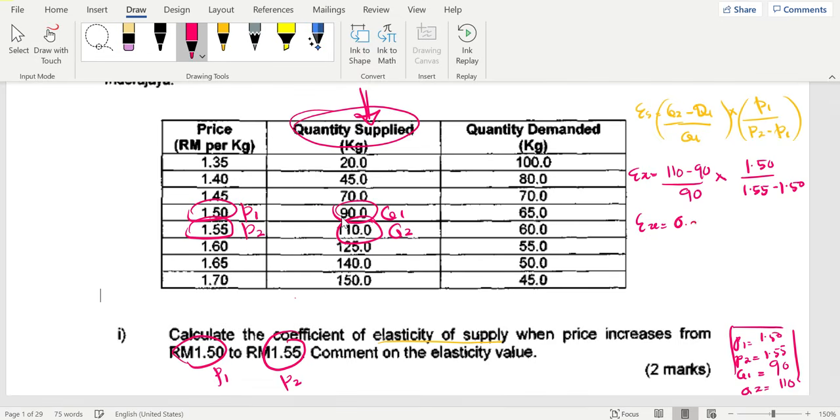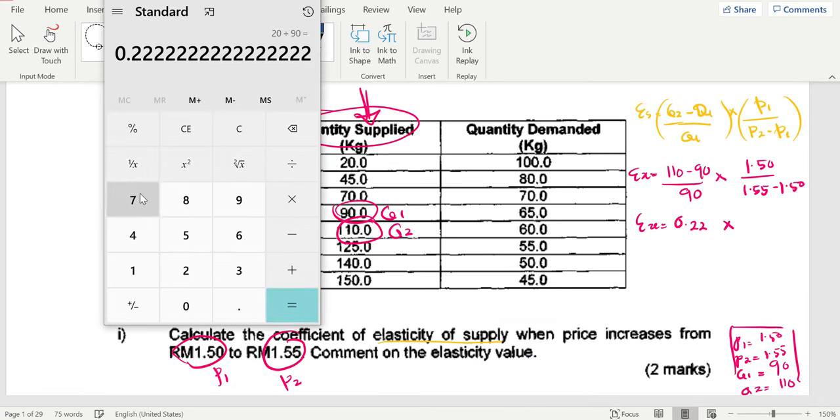Okay, 0.22 times 155 minus 150, 0.05. Okay, 155, I reconfirm so that you are really careful. 0.05.